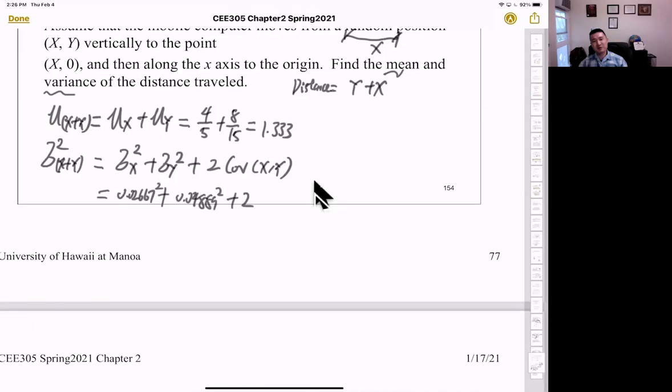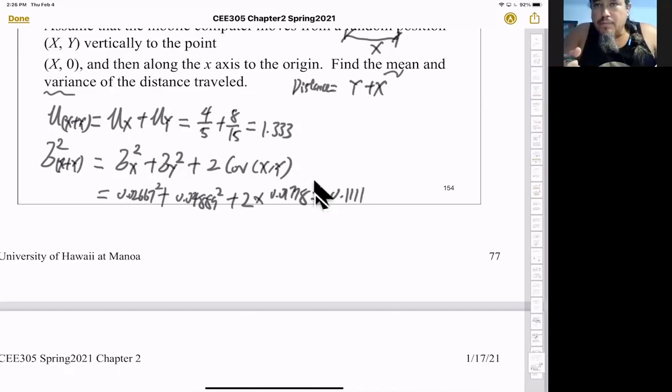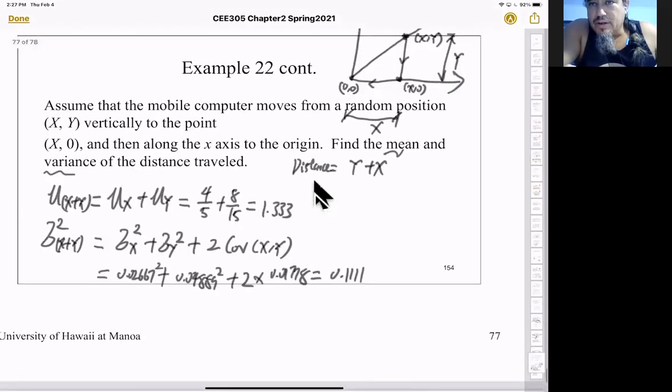0.01778. Yes, so the first two numbers in the solution are squared, and then the last is just a multiplication.